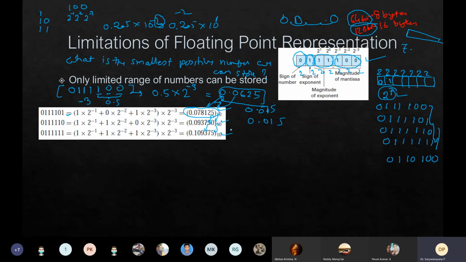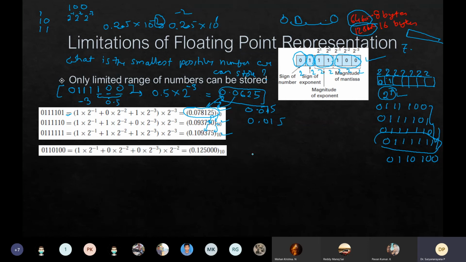Once you have run through all the numbers with this exponent, then you go to the next exponent with negative sign, and that comes out to be this. I told you, right? 0, 0, 1, 1, 0, and then the mantissa is reset to the original value. This is exponent, this is sign.